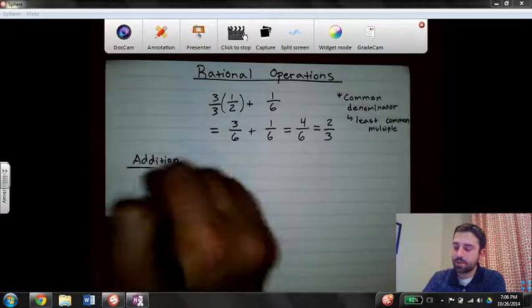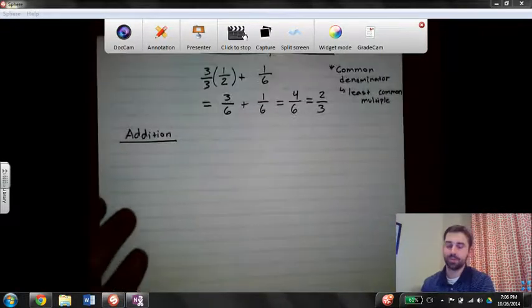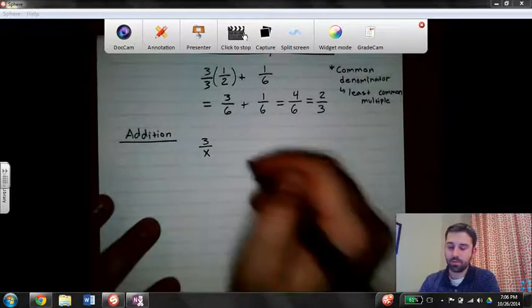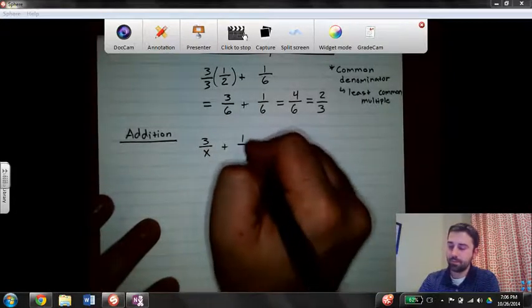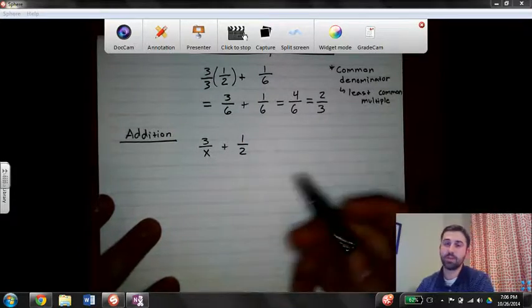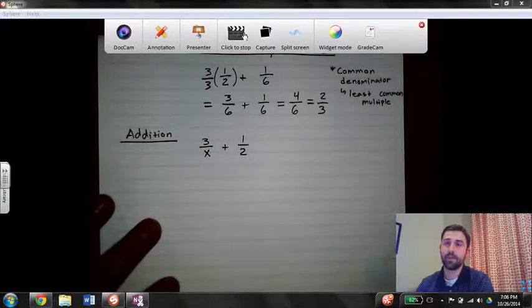So now let's start with an actual rational function. Given 3 over x plus 1/2, I would try to find a common denominator using the least common multiple.